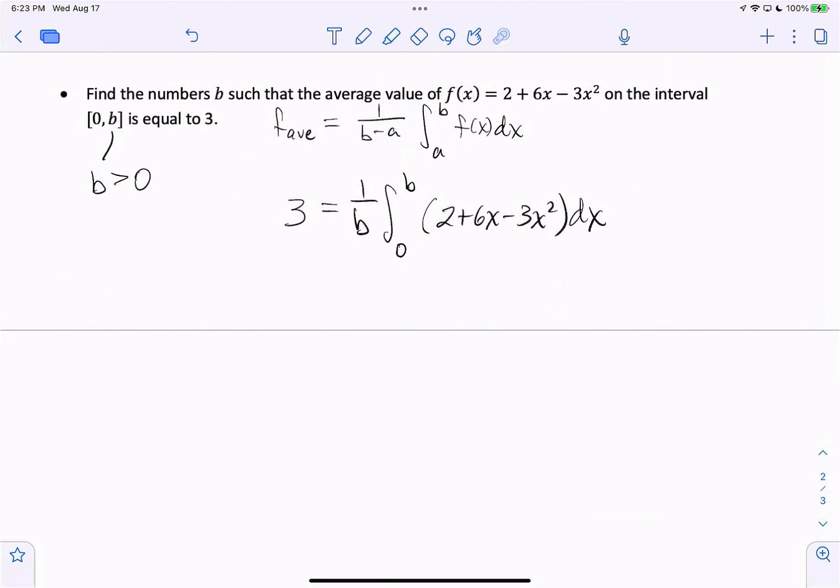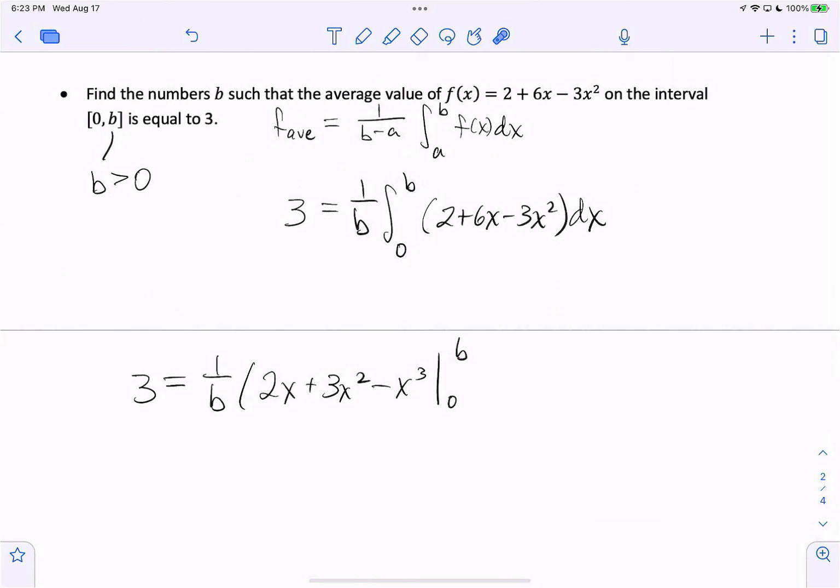And we now have an equation, and the variable we're solving for is the upper limit of integration, and also in the denominator of a factor. It's kind of weird. We'll say 3 is equal to 1 over b times 2x plus 3x squared minus x cubed, evaluated from 0 to b.